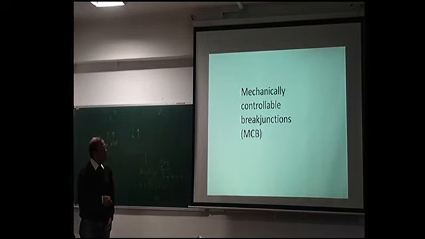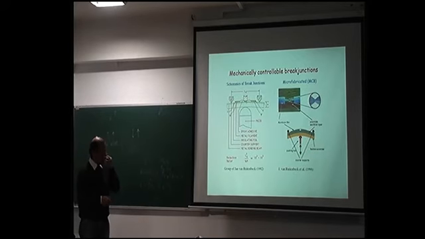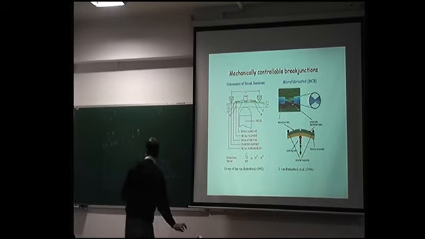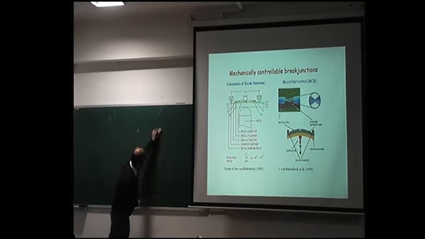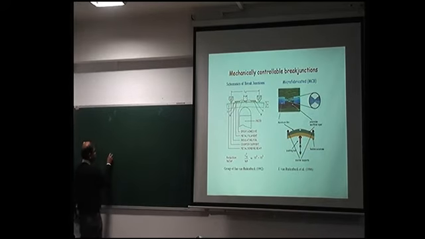So first is the mechanical break junction. This was pioneered by a group at Yale. So what you do, I think I need to draw this. I'm not good at three-dimensional figures on PPT. You take silicon oxide and then silicon, and you make a structure on that.